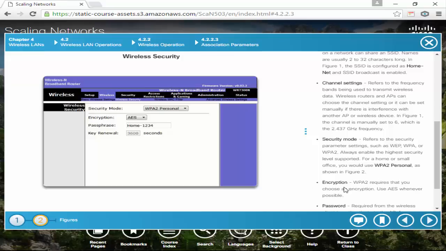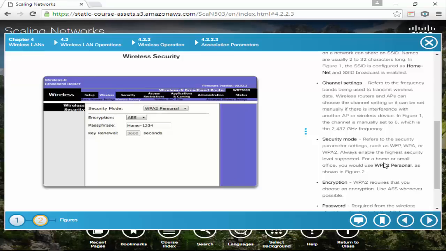Alright, so then there's encryption. So we pick our security mode, then we're going to pick how we're encrypting our traffic. And so on WPA2 we can use AES, or we could go to WPA and use TKIP, or there's CCMP as well.